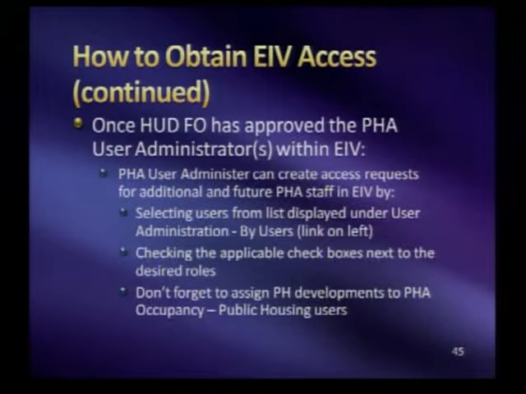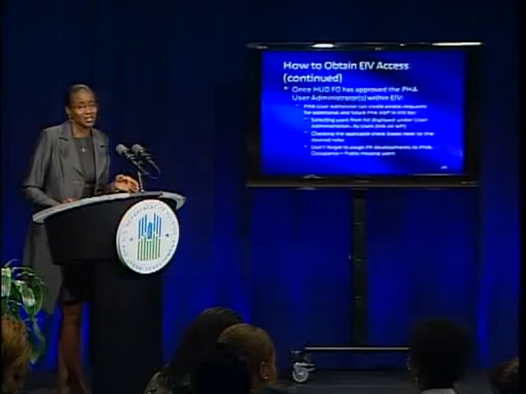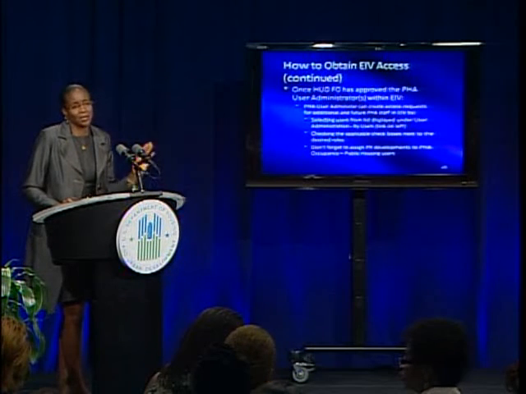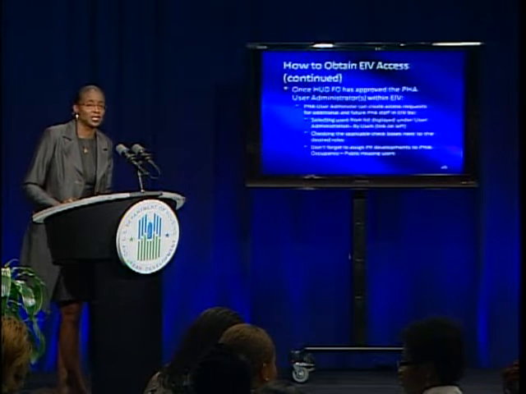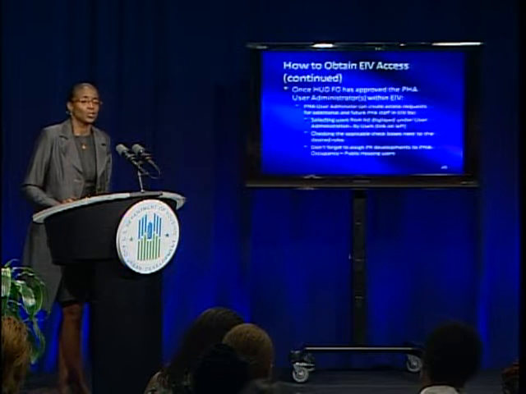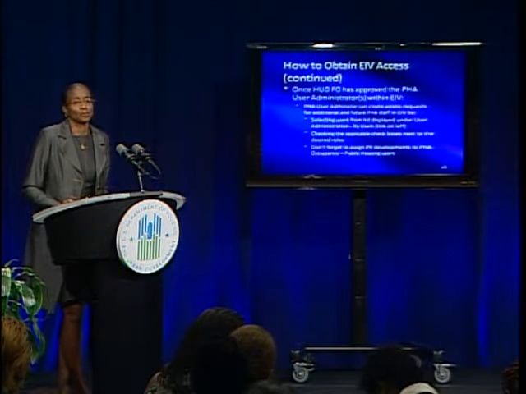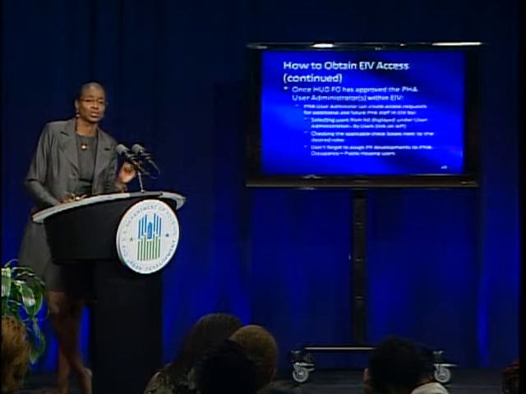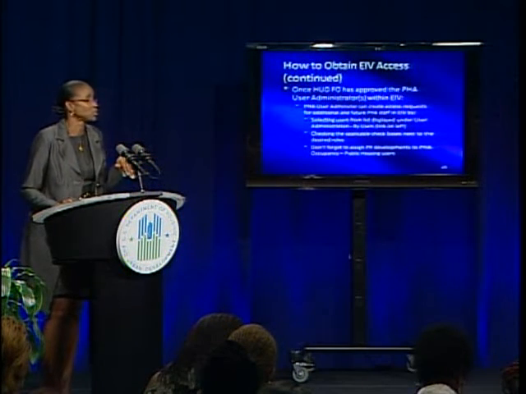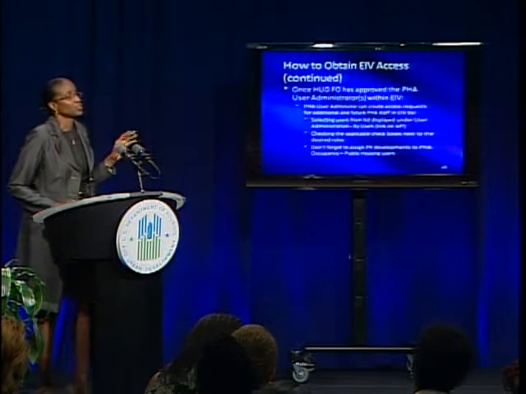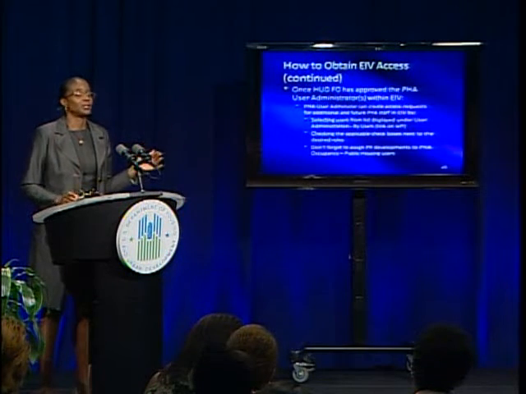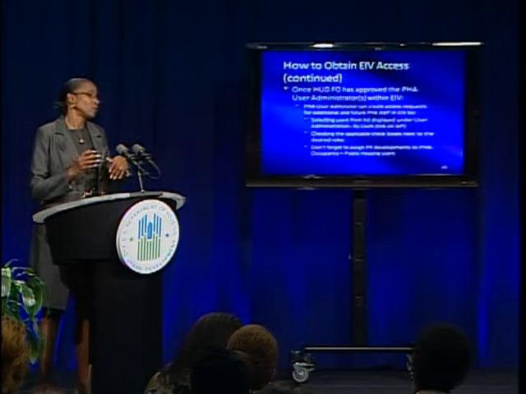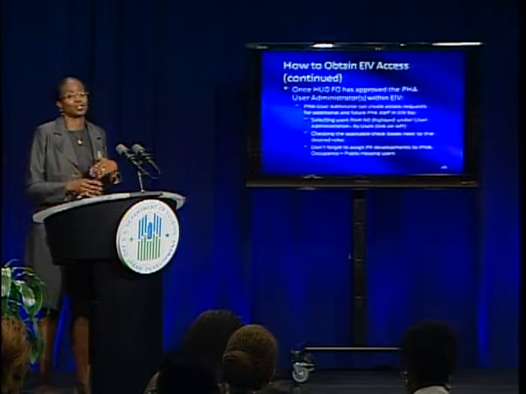So user administrators, if you get a form and somebody's got down application processor role and an occupancy specialty voucher role, automatically you should know they don't need the application processor role. The application processor role is a limited role, but we're going to go through the roles in just a minute. And also, your user administrators have the ability to modify access, remove roles, add roles, and also terminate a user's access within EIV.